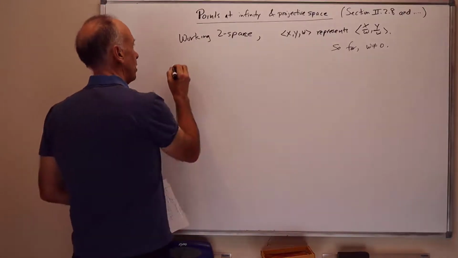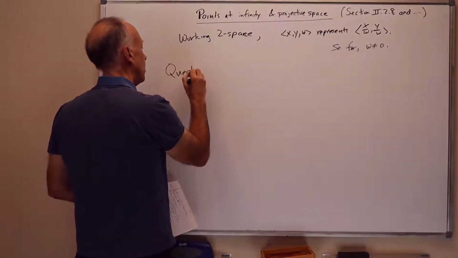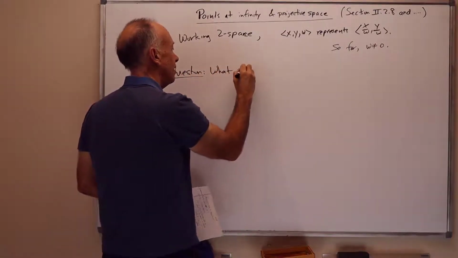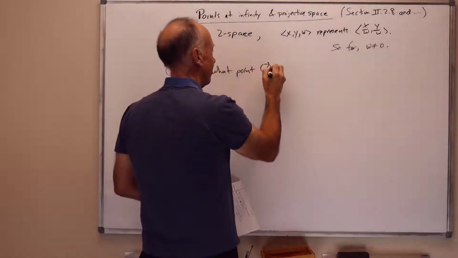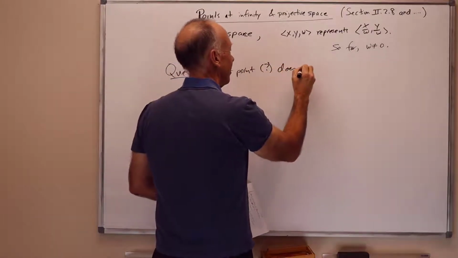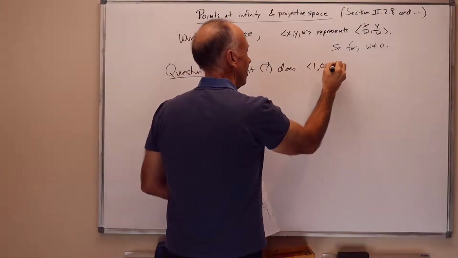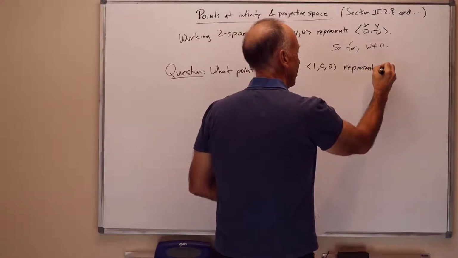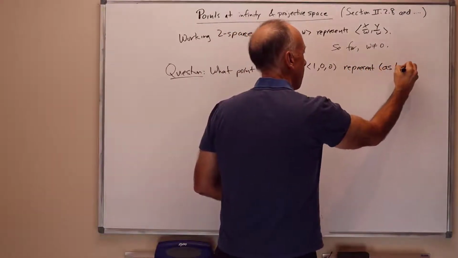So for instance, the question would be, what point, or what in particular, does 1, 0, 0 represent as homogeneous coordinates?